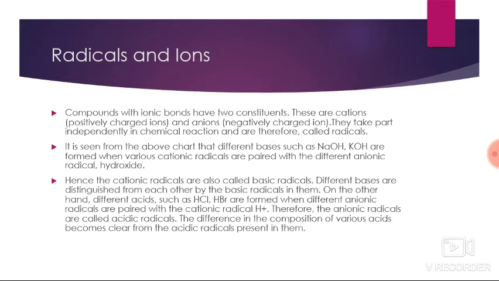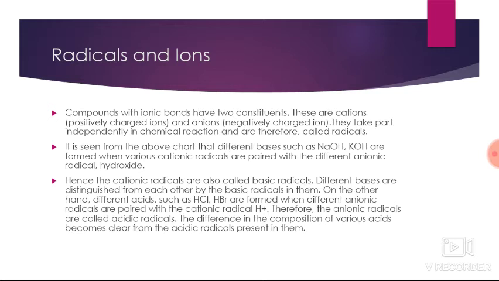In sodium hydroxide, sodium is a positively charged cation and hydroxide is an anion. Ions are also called radicals. After giving or taking, an atom becomes a radical. The cationic radicals are also called basic radicals.